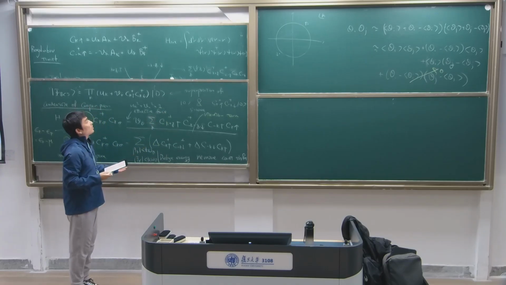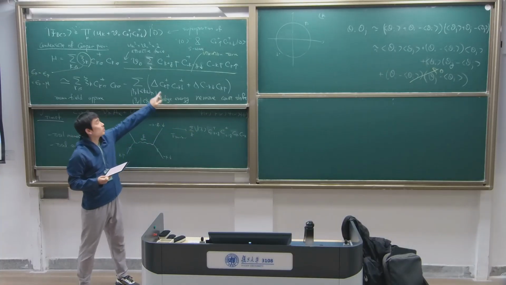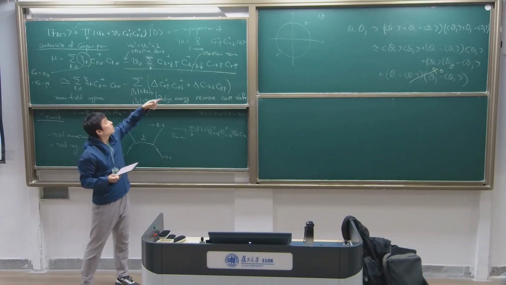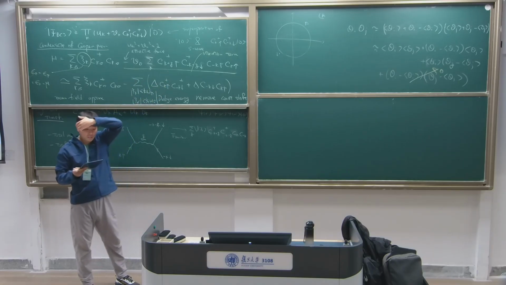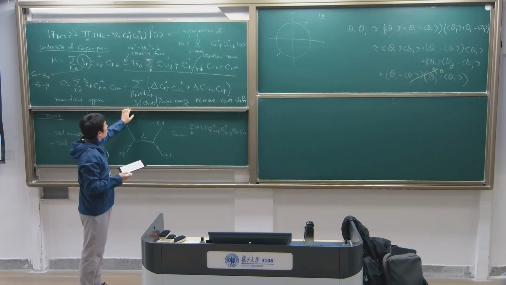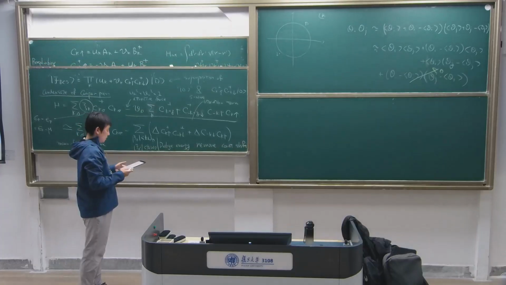And here I use V of Q is constant. V of Q is constant, independent of Q. Okay, that's it.